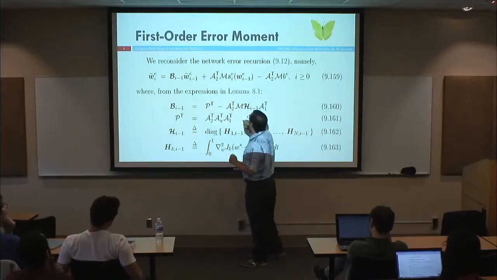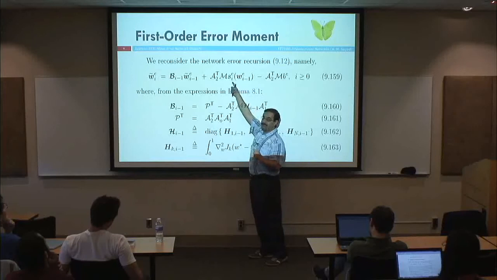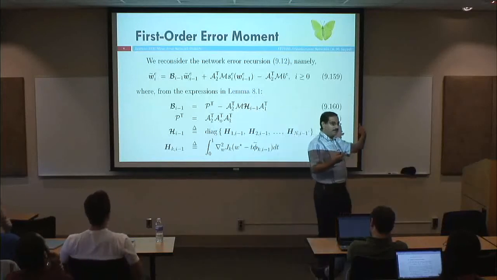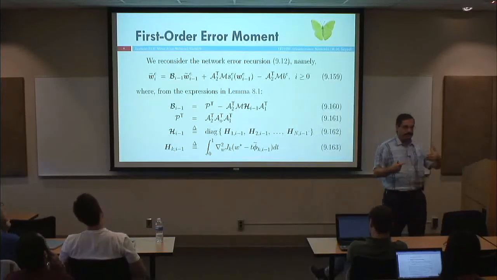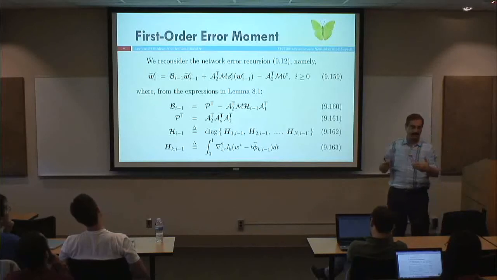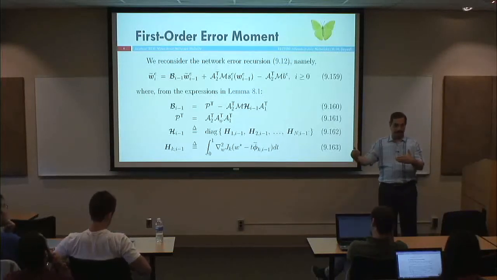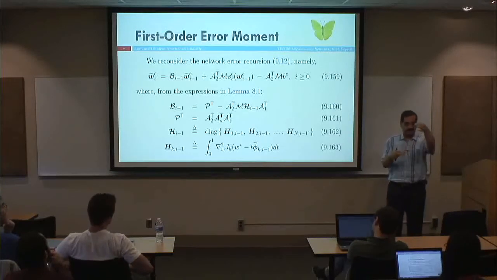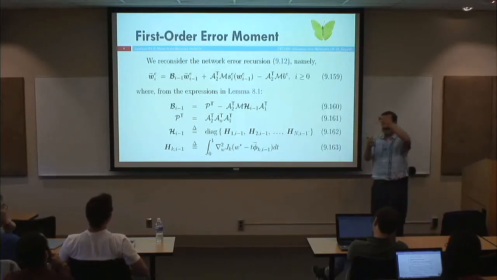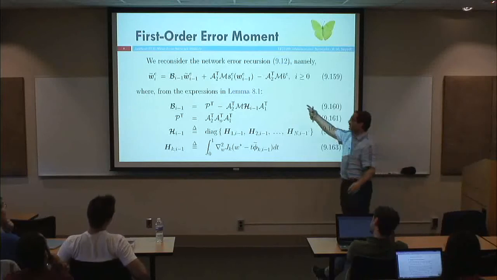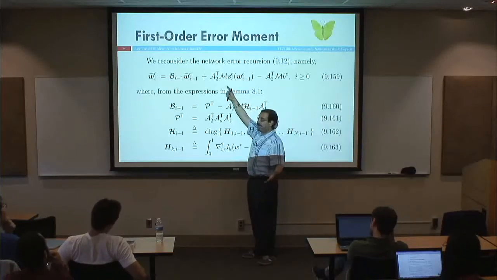This is at time i minus 1. This is the gradient noise. At every agent, you are using the approximate gradient vector. So the difference between the approximate gradient vector and the true gradient vector is the gradient noise at that agent. You put them together into a big vector, and it becomes the network gradient noise vector.